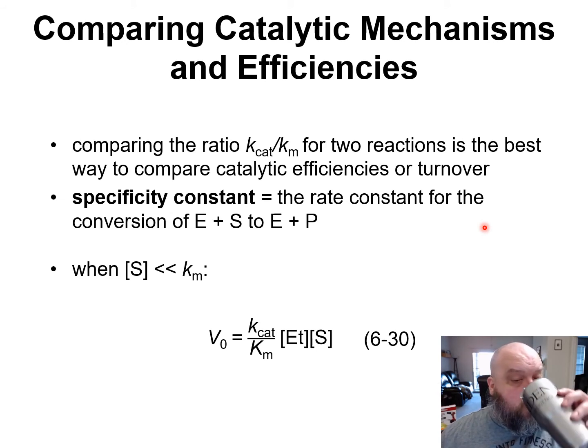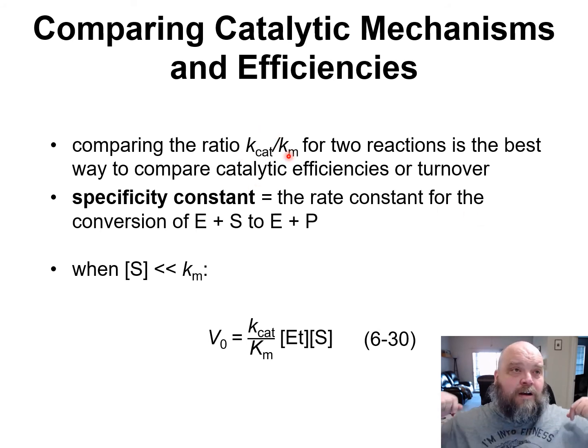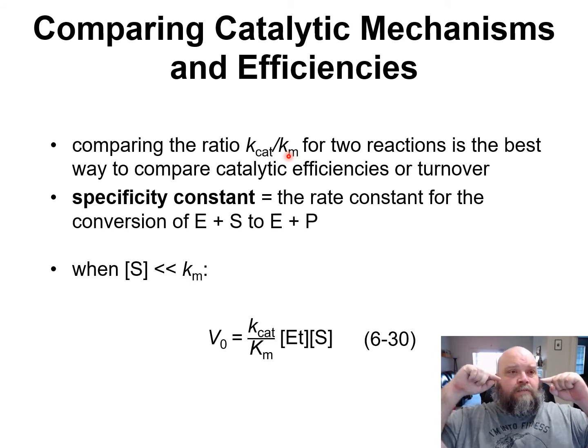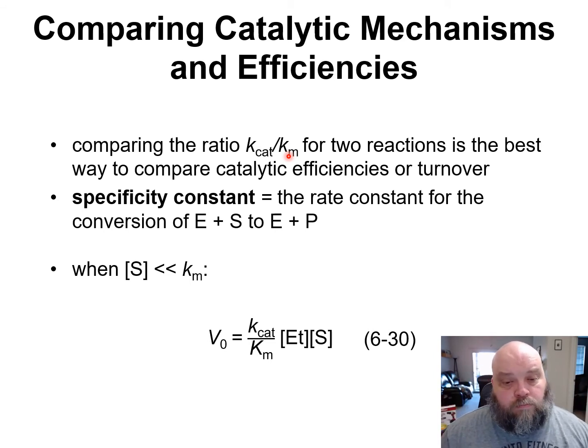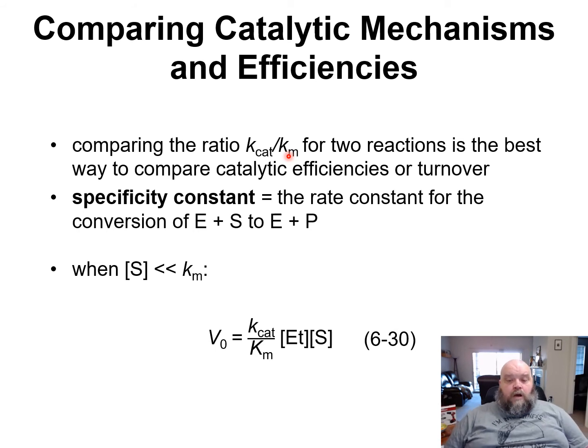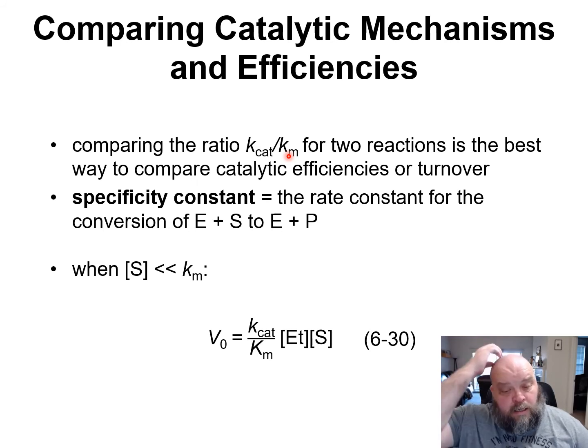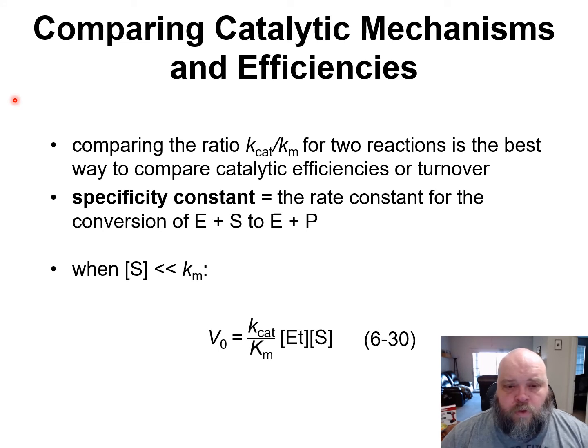So when you compare our turnover rate divided by our Km, our Michaelis constant of half Vmax, this is how we can discuss efficiency. So V naught equals Kcat divided by Km times Et times S. So what does this mean?